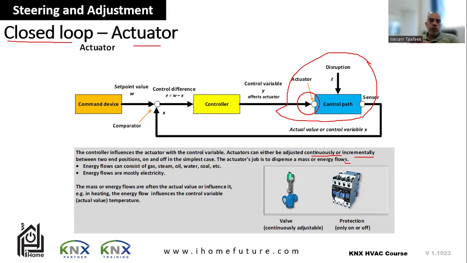Some actuators use a valve where you can change how much the valve is open, depending on the actuator itself. Energy flows can consist of gas, steam, oil, water. Energy flows are mostly electricity. The mass or energy flows are often the actual value or influence it in the heating or energy consumption. This one is continually adjustable. This one is only on and off, depending on the valve and the actuator that you have.